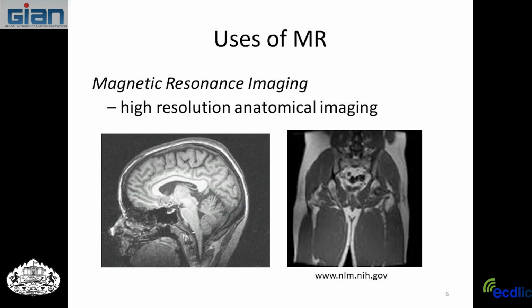Magnetic resonance can also, as we know, be used for high resolution anatomical imaging. And the beauty of this technique is that the method itself provides an endogenous way to contrast different tissues. So we can do this without injecting any kind of dye or anything, radiation or anything harmful into the body.